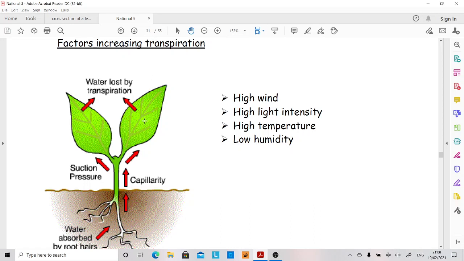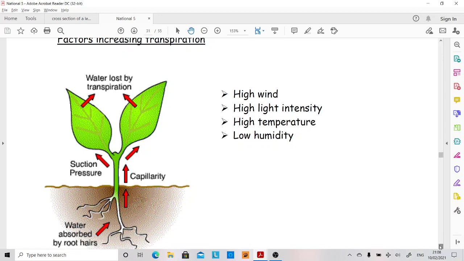If you've got low humidity, what does that mean? Well, humidity is water vapour in the air. So if there was hardly any water vapour in the air on a low humid day, then that means there's going to be a higher concentration of water inside than outside, and the plant's going to lose water on a low humid day. So those are ones that you need to take a bit of time to think about for yourself.